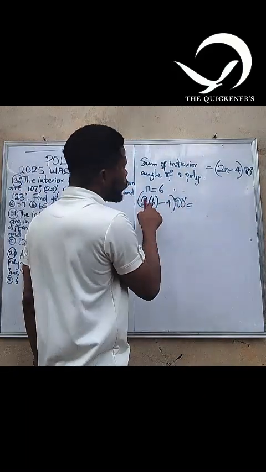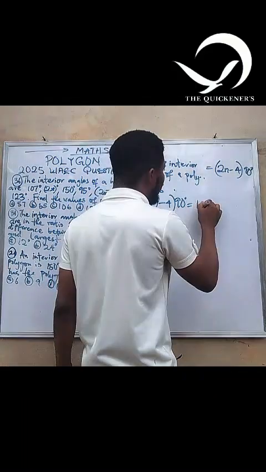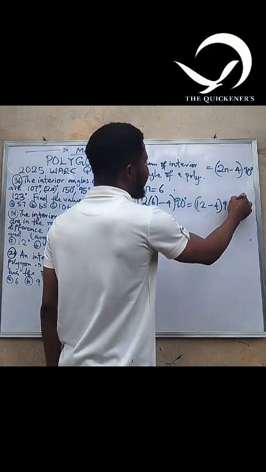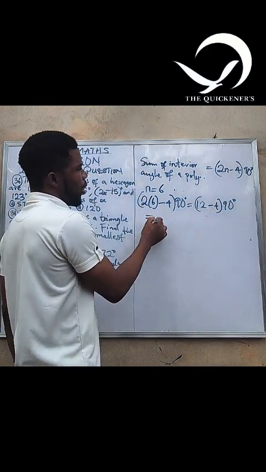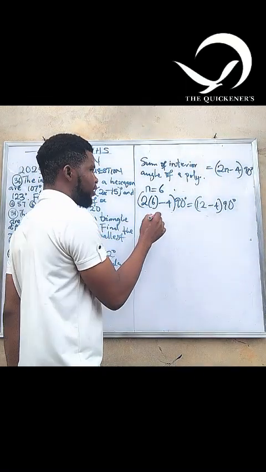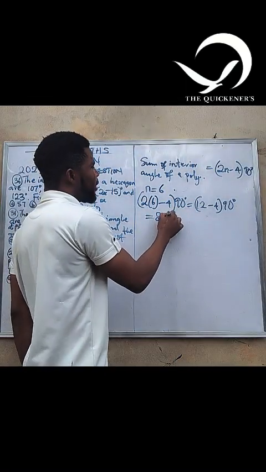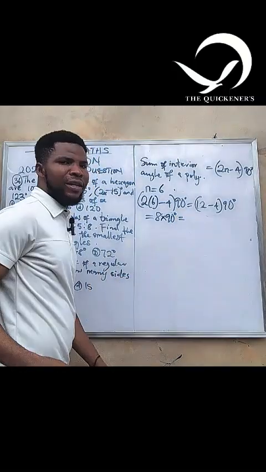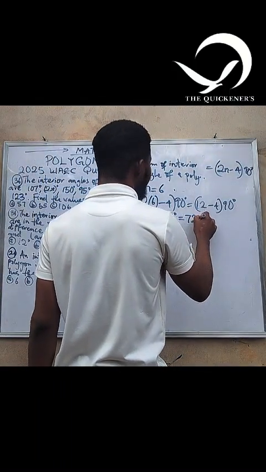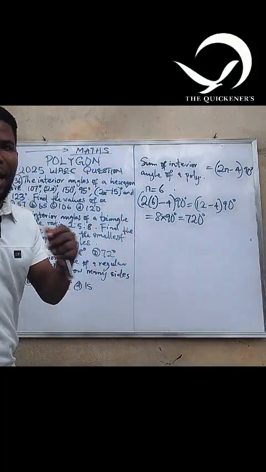Let's solve this because of space. So what we have? 2 times 6, that would be 12 minus 4, right? Multiply by 90 degrees. 12 minus 4 is 8. 8 times 90 degrees. 8 times 90 is 720 degrees.